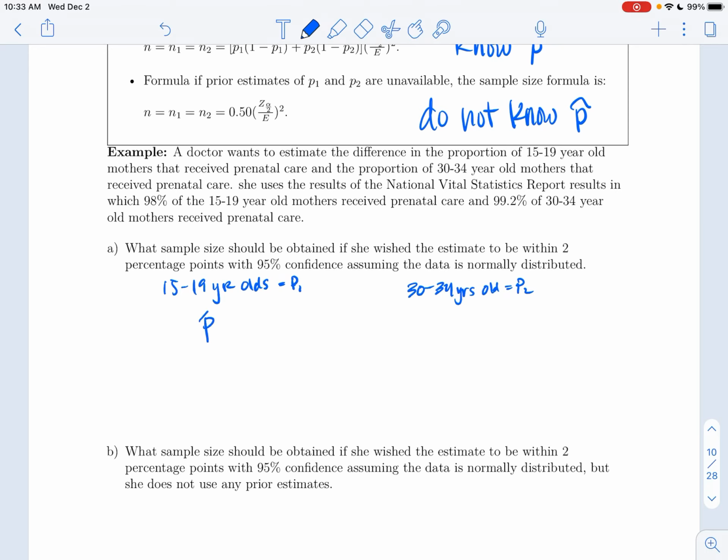So P1 hat would be 0.98, which is given. P2 would be 0.992.